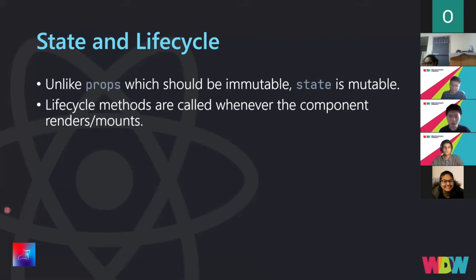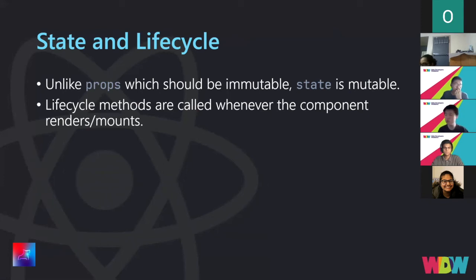Now, all of this talk about render and re-renders, how does this even happen? Whenever props or state of a component changes, React triggers a re-render of the component, just so that it can see all of those changes. And we can use what's called a lifecycle method. Lifecycle methods are functions that are called whenever we see a change in the value of a specific or all state variables.